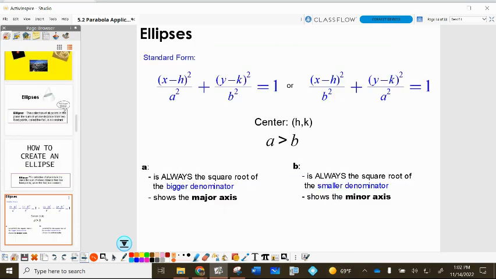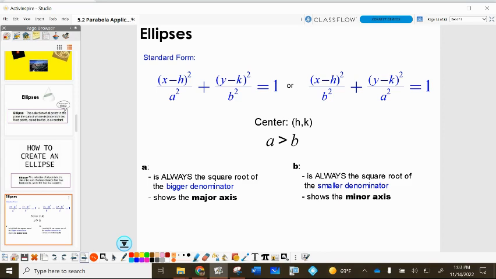Standard form of an ellipse is (x minus h) squared over a squared plus (y minus k) squared over b squared equals 1, or (x minus h) squared over b squared plus (y minus k) squared over a squared equals 1. The only difference between those two forms is that a is always the bigger number, so sometimes a is under the x term and sometimes a is under the y term. The center is still at (h, k) for an ellipse.